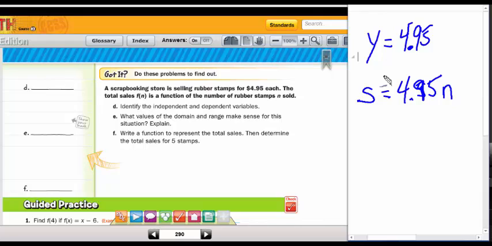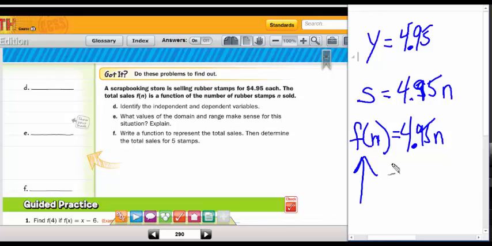So it asks us to identify the independent and the dependent variables. Well, in this case, they're saying that f of n is our output, and 4.95 times n, with n being our input. So identify the independent and dependent variables. Well, if you think about it, how many dollars we make depends on how many stamps we make or sell.